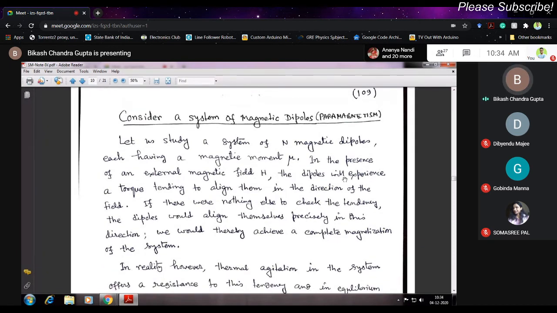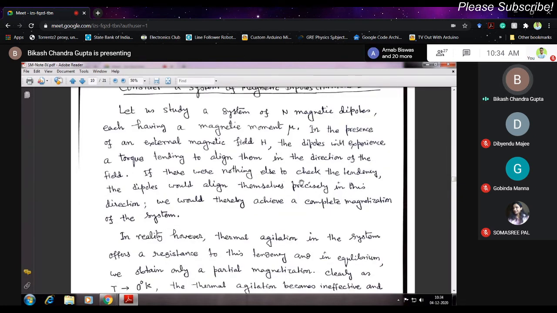And that is what will happen: the dipole will experience a torque tending to align them in the direction of the magnetic field. If there were nothing else to check the tendency of the dipoles, the dipoles would align themselves precisely in this direction, right?